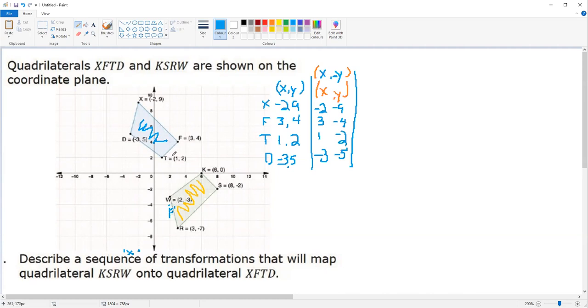And I got T at 1, -2, that's my T prime. Now I have -3, -5, right here. What was K again? Oh yeah, that's that one. Okay, that's K prime.